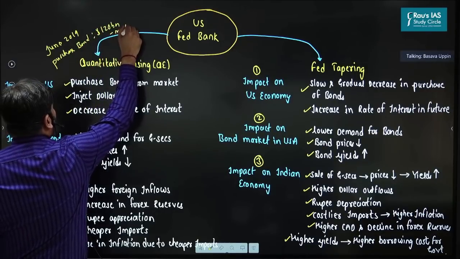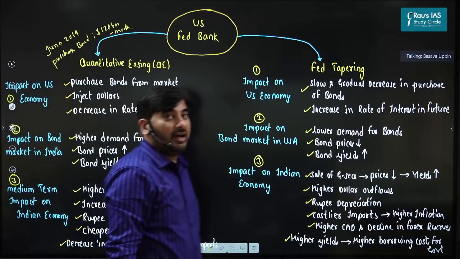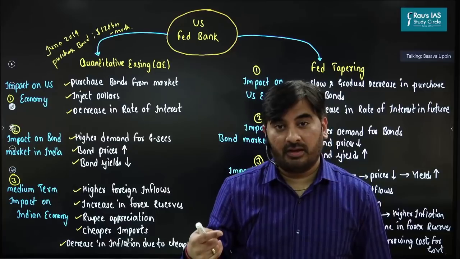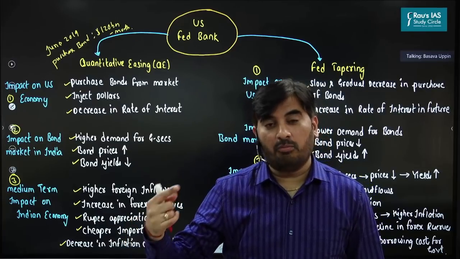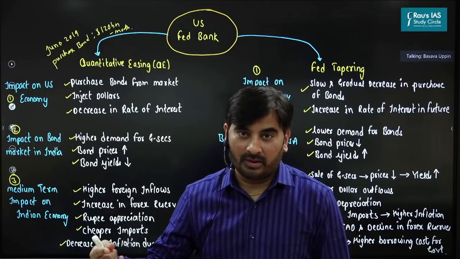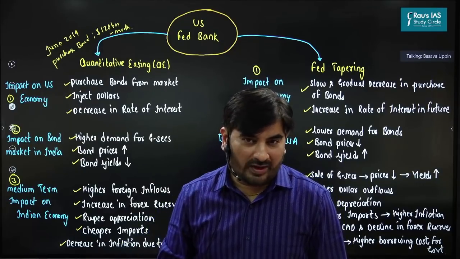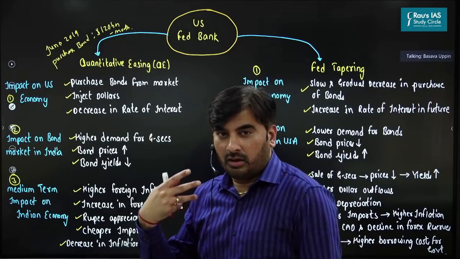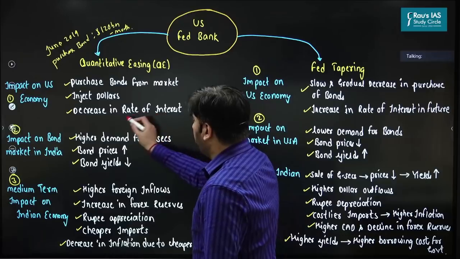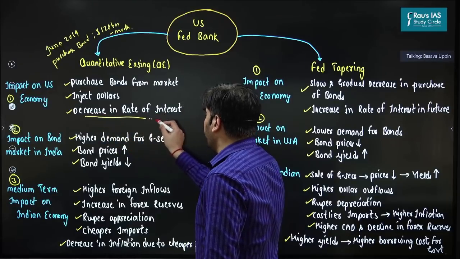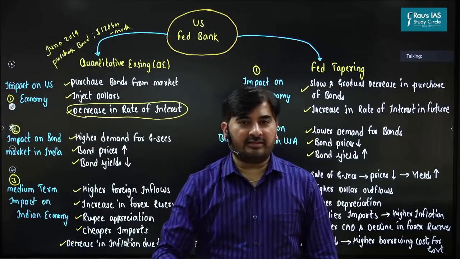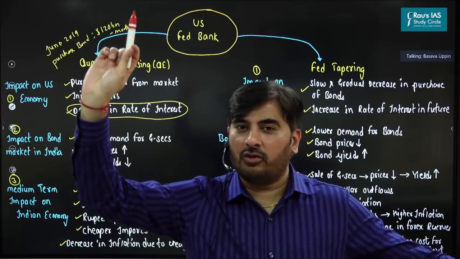Can you imagine the amount of bond purchases? $120 billion worth of bonds, US Treasury securities, mortgage-backed securities, were purchased by the US Fed Bank. So every month, the US Fed Bank was injecting dollars worth $120 billion, because of which the rate of interest in the US economy started reducing. Now let's say you are an investor based in USA.